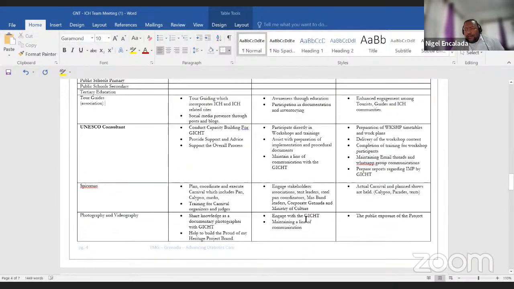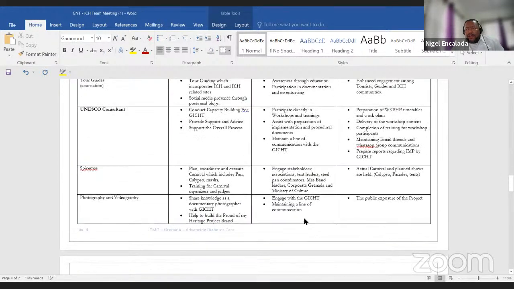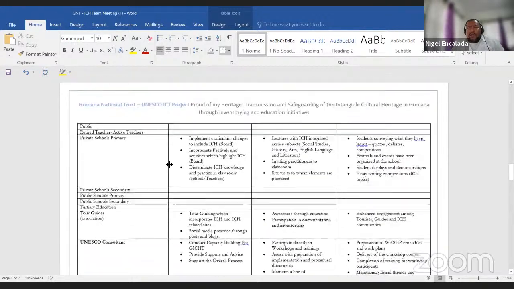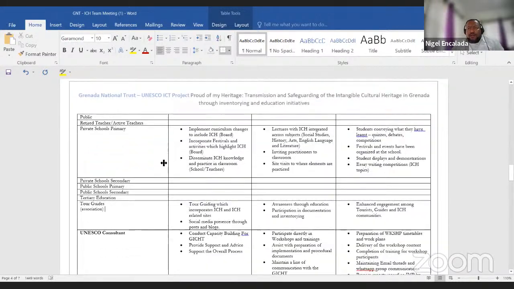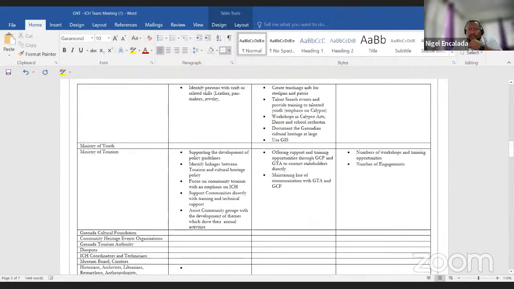Ladies and gentlemen, what we see, is there any practitioner here? We have a practitioner as a tour guide. We have a school, from the perspective of the board, the teachers, we have the Ministry of Culture, we had the Ministry of Tourism.